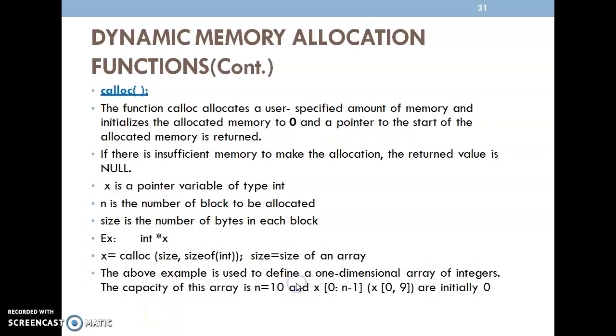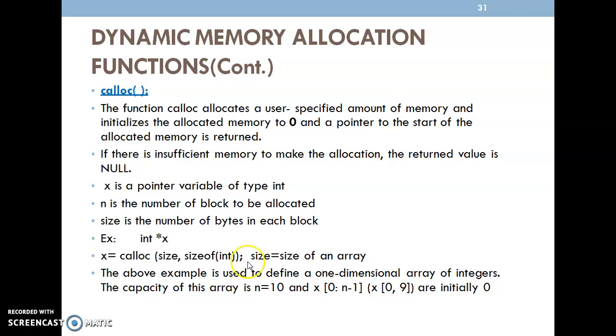Then next one, calloc. Calloc will allocate the memory to the array, and it always starts from the zeroth location. If the memory is allocated, it will report the block is allocated, else it returns a null value, as with malloc.